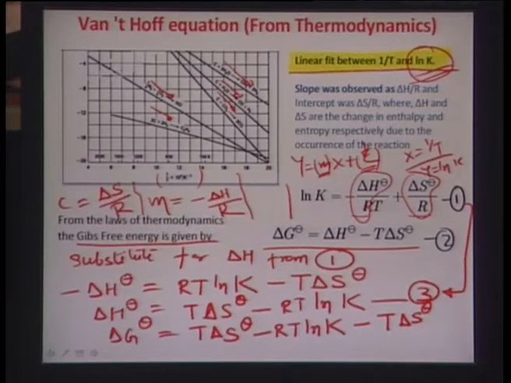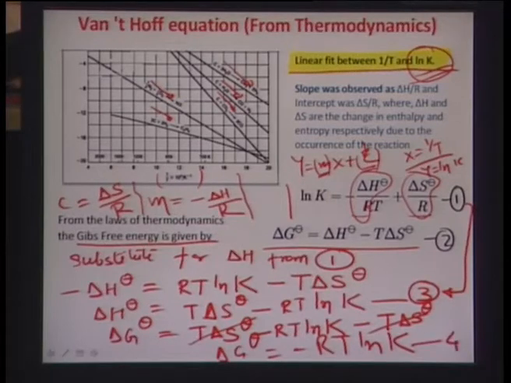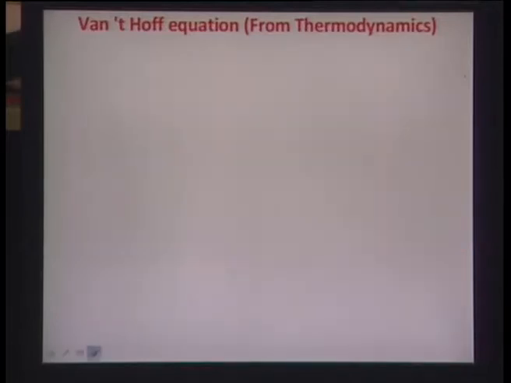And essentially, therefore, delta G theta can be represented as minus RT ln k. If we consider this to be equation number 4 and try to find a relationship between nF E cell and this RT ln k from the Van 't Hoff equation, we get a very simple relationship which is the foundation for the Nernst equation.